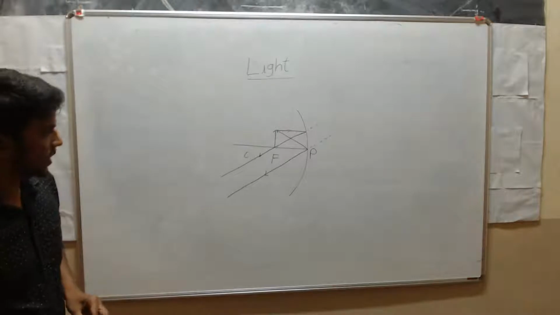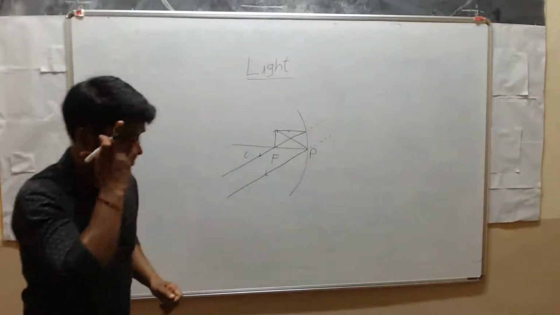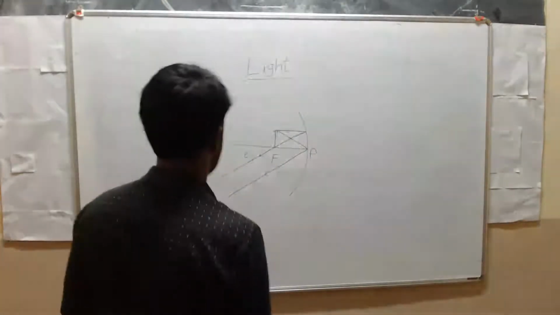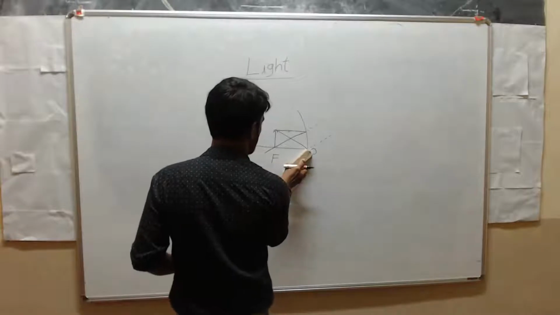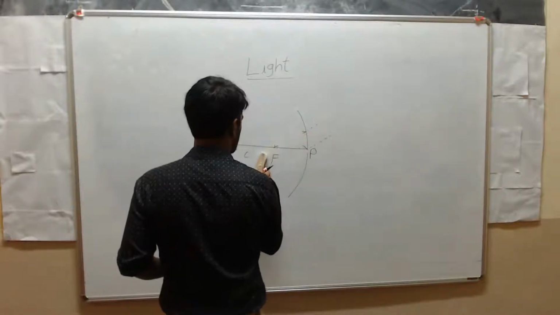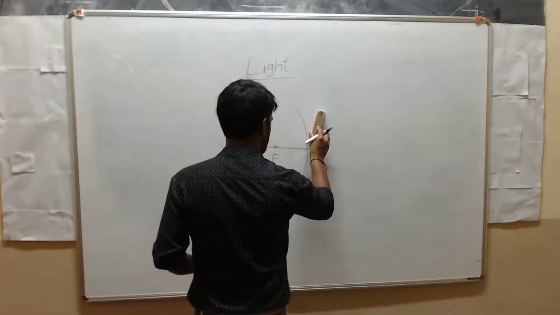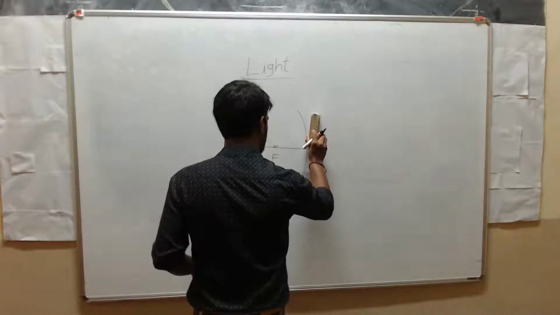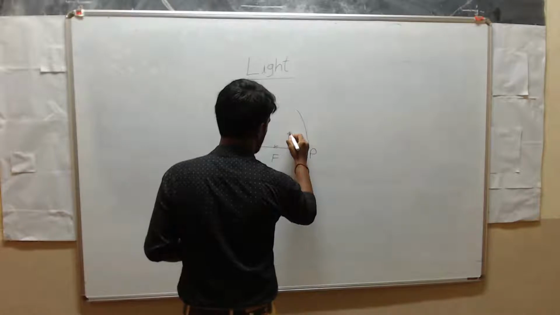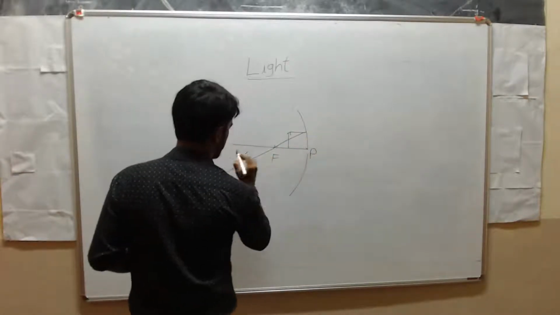Next, we kept the object between F and P. A ray parallel to the principal axis, after reflection, passes through the focus like this.